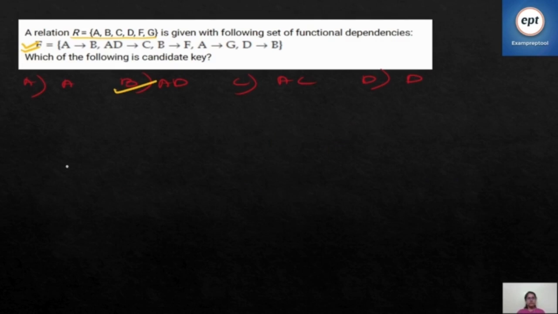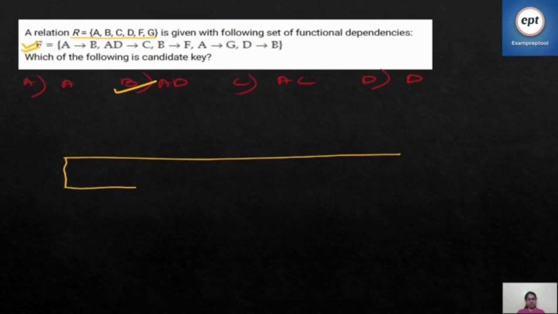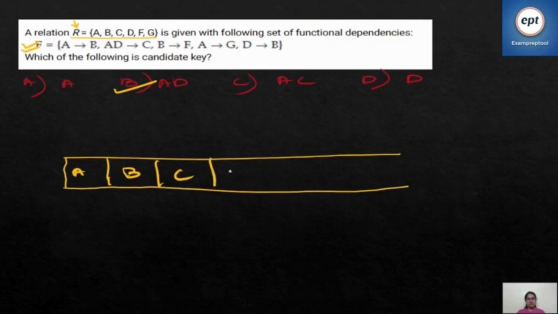For the shortcut method we have to make one horizontal table and write each attribute given in the question. So R has A, B, C, D, F, and G. After that, for whatever is derived, we make an arrow on it.